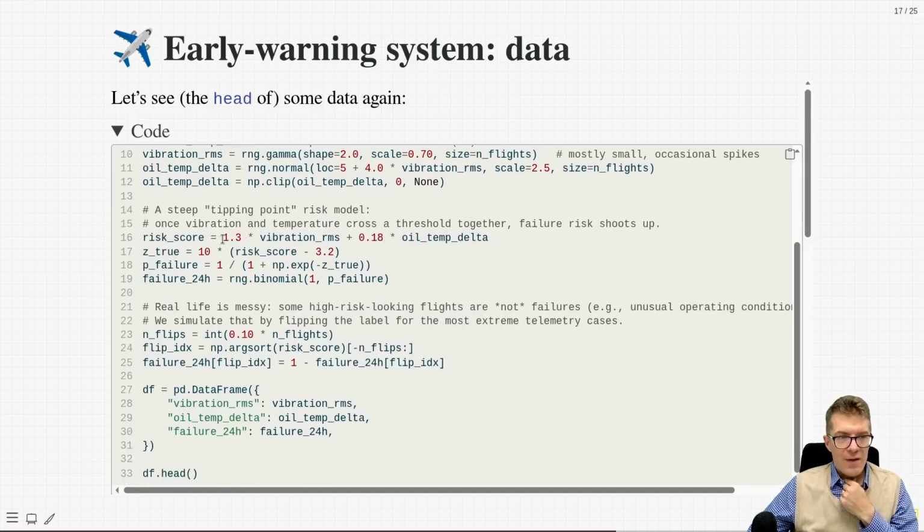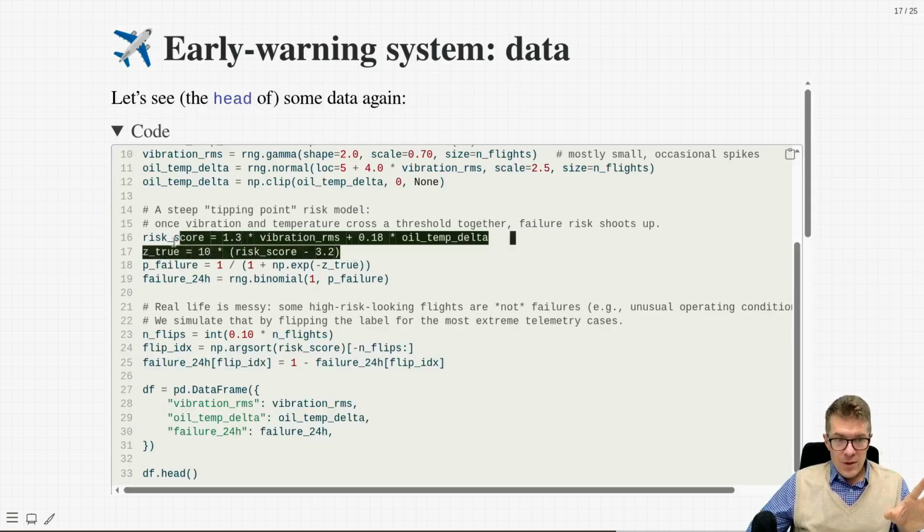We're going to have a risk score, right? So a risk score that we compute is sort of given to us. It's 1.3 times vibration plus 0.18 times oil temperature delta is our risk score. And the true value of z is going to be 10 times the risk score minus 3.2, so it's a nice linear function still. So this is basically our true model of the world that is generating data, right?